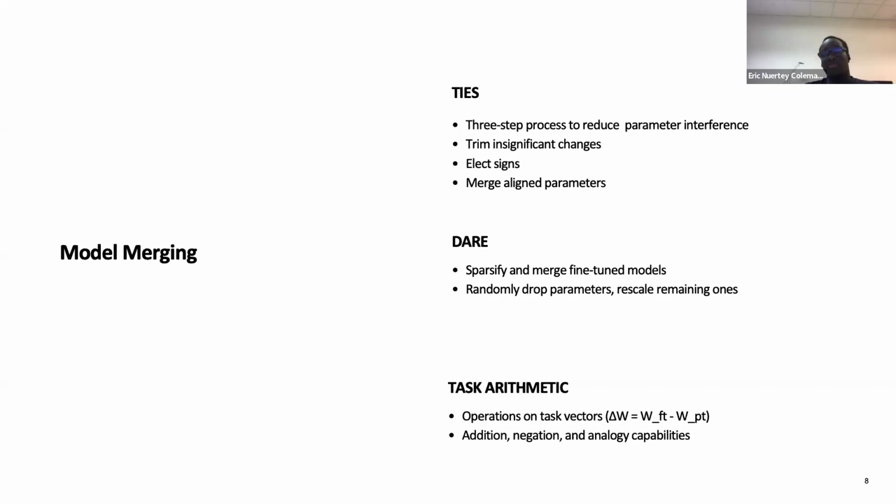So they first drop these redundant parameters, and then they do a sign election. They select a sign, basically, so they do what we call maximum magnitude for each sign. They select the sign which has the maximum total magnitude. Once they have these parameters with a unified sign, they then merge these parameters. And then you have it.